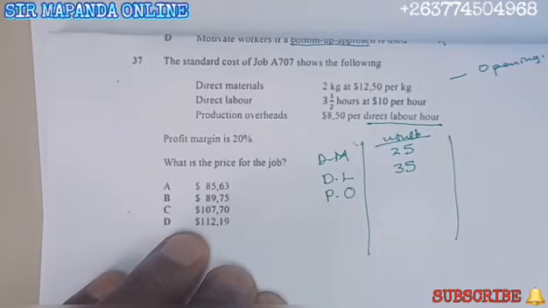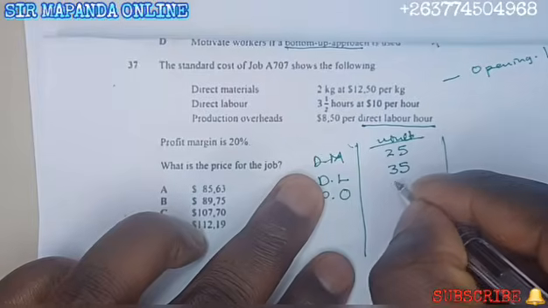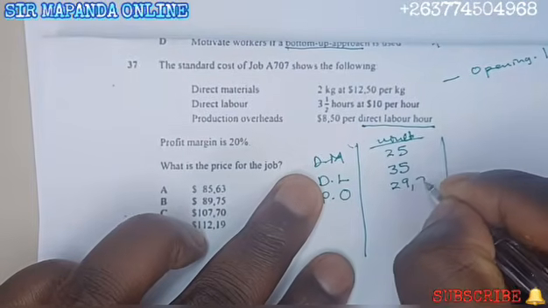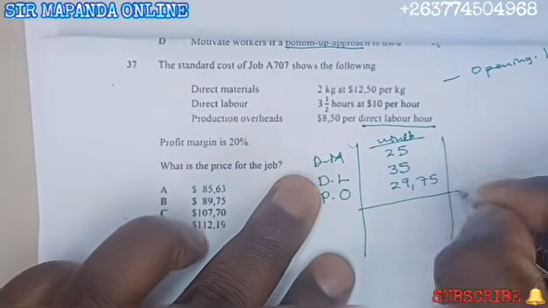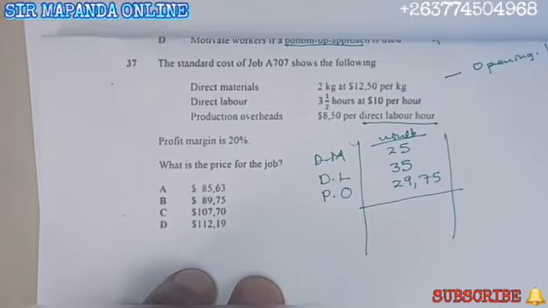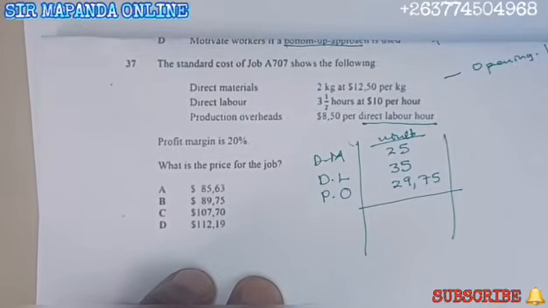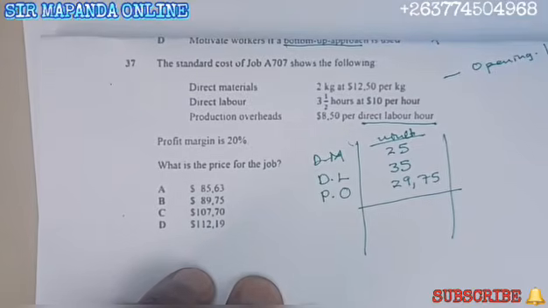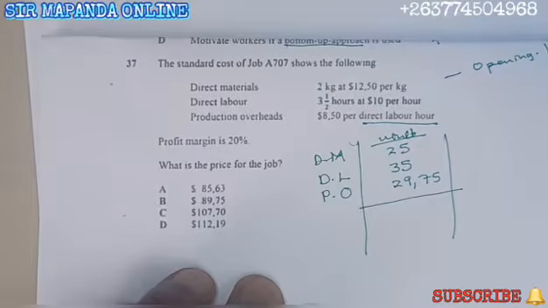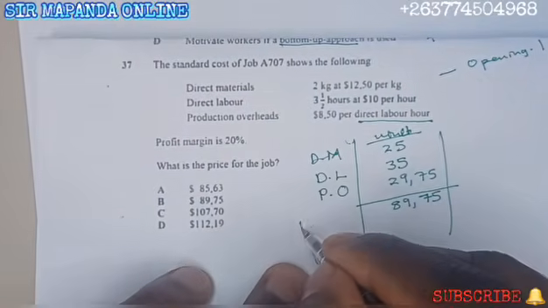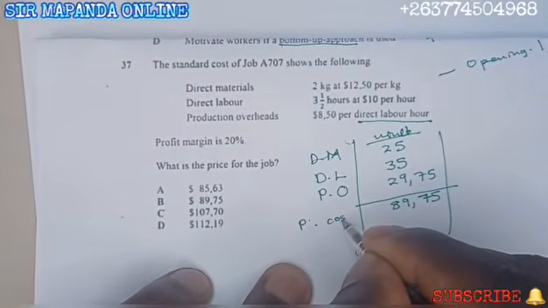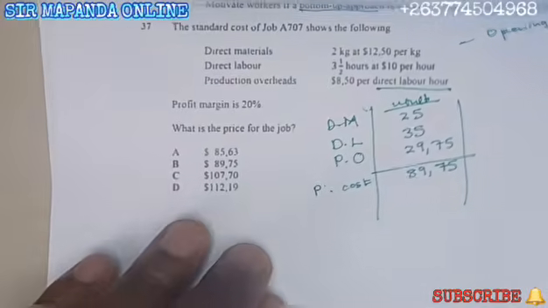You get 29.75. So you write 29.75. If you add 25 plus 35 plus 29.75, you get 89.75. So 89.75 is your production costs. I hope you are following.